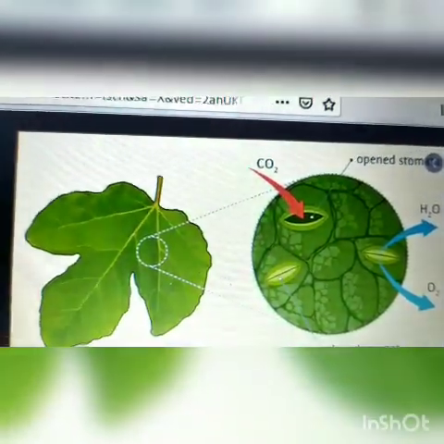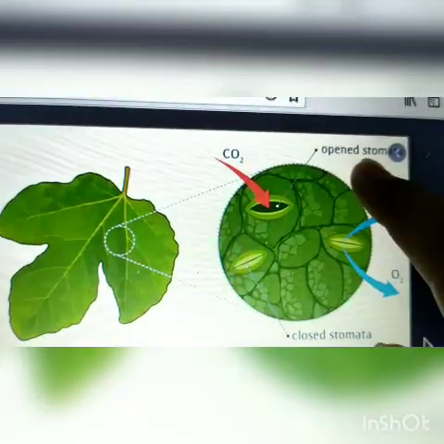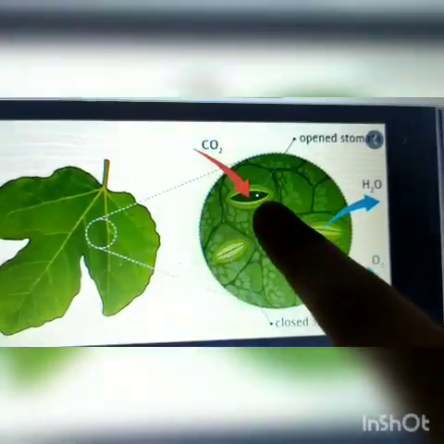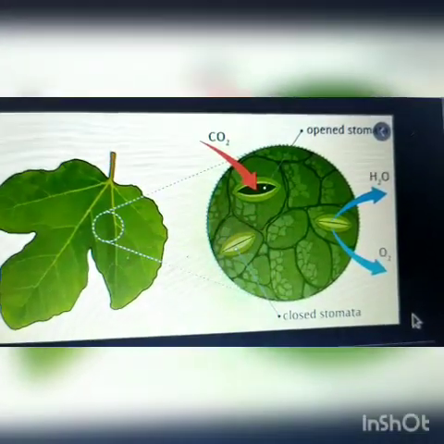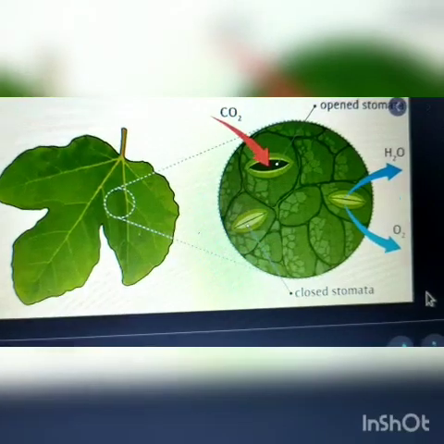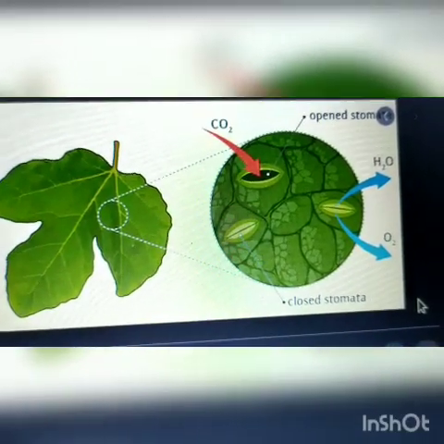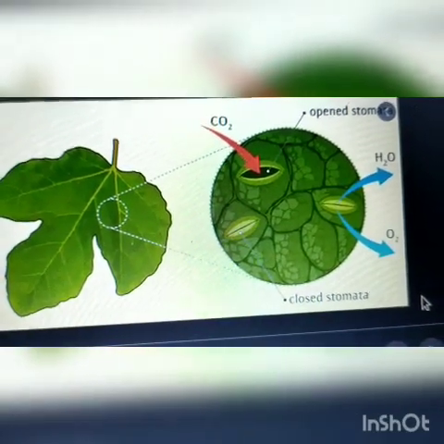Plants take oxygen from the atmosphere or air through these tiny holes. So, what are stomata, children? Yes, the tiny holes present on the underside of the leaf blade are called stomata.